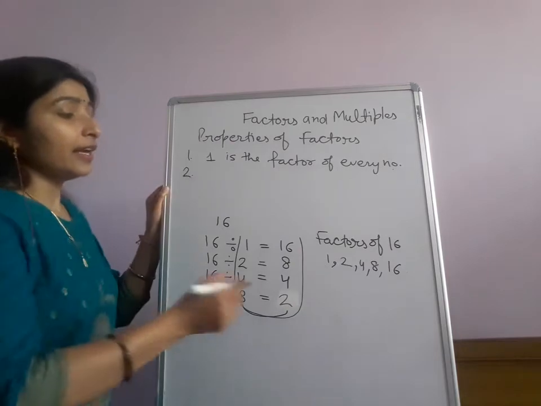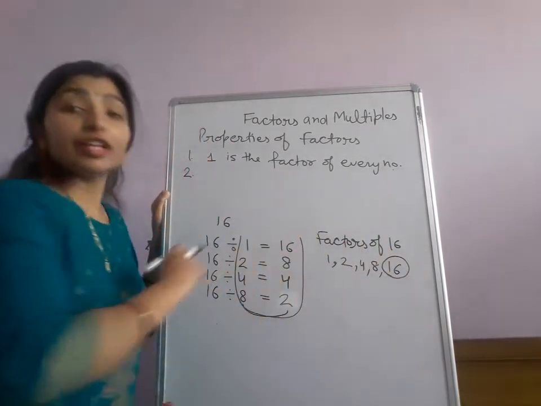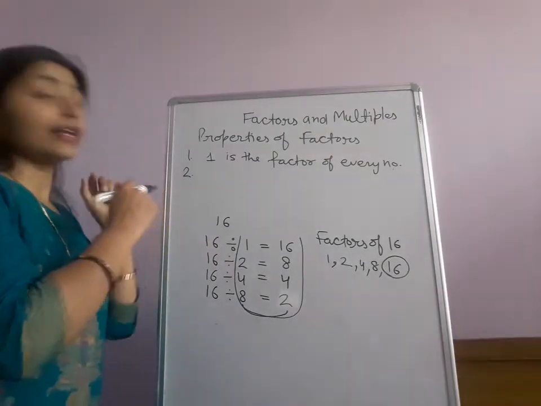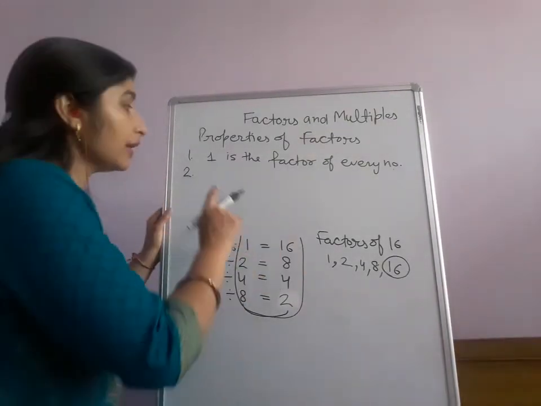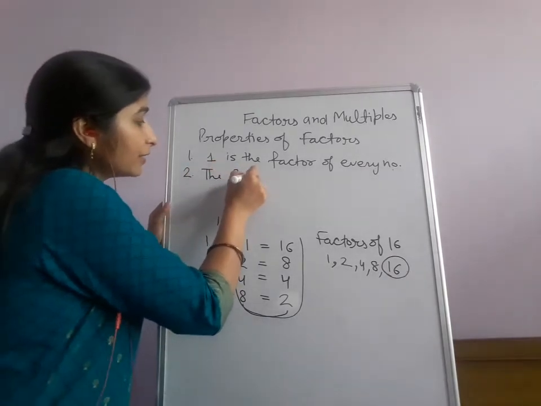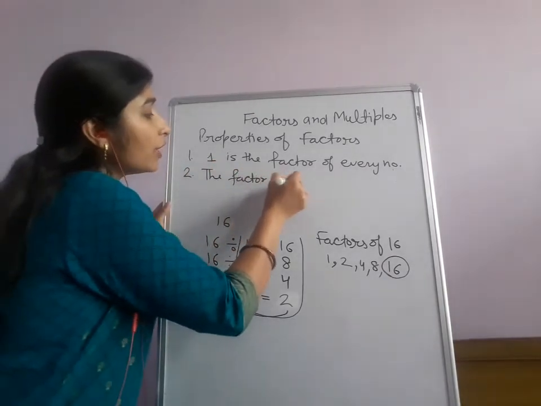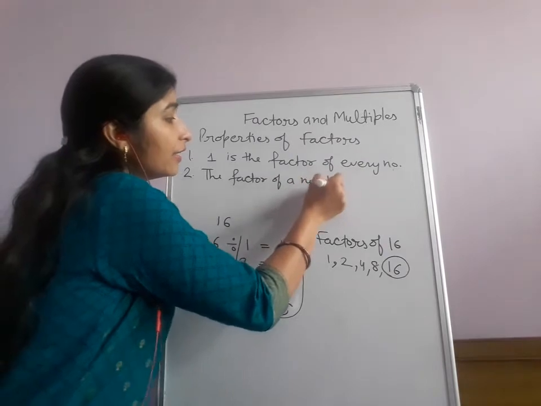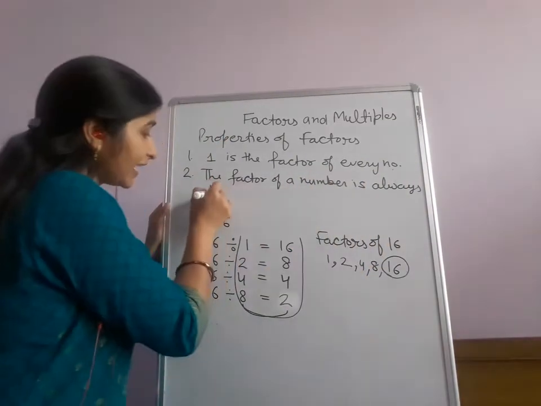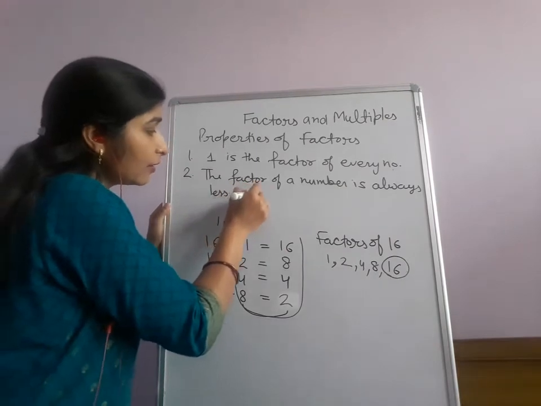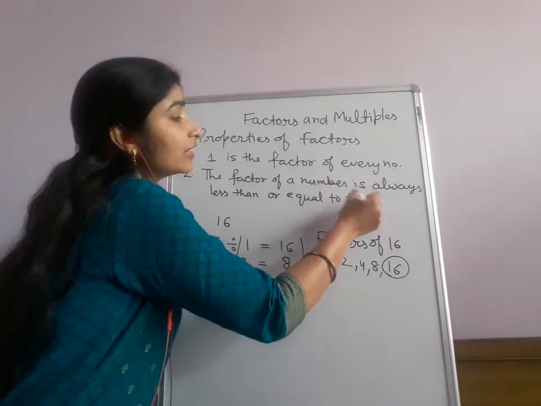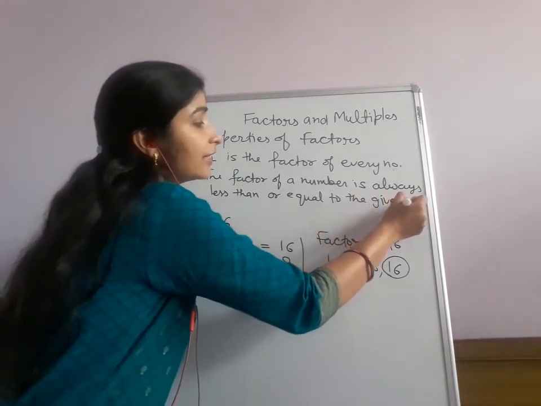Now, the number itself is also a factor of a number. Okay, so here the second property is: the factor of a number is always less than or equal to the given number.